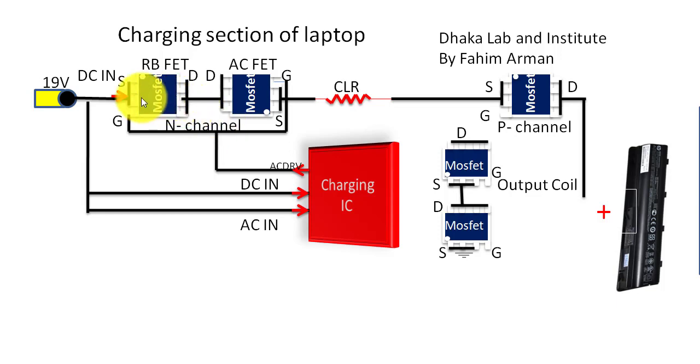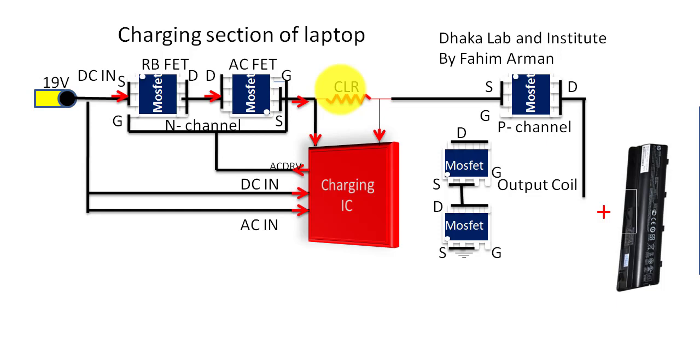After they are switched on, the source voltage will pass from source to drain, and from the drain to the source of the second MOSFET, and the voltage will go to the CLR, and the CLR will pass the sense to the charging IC.